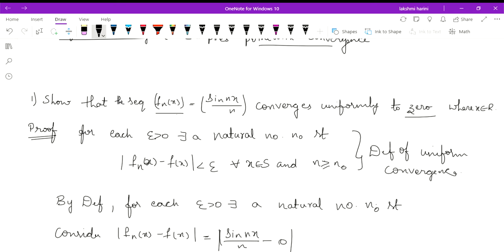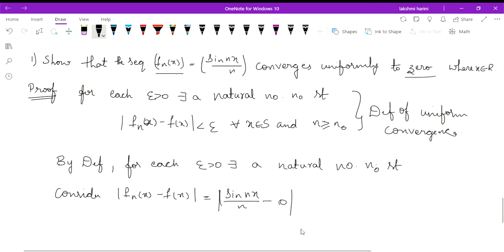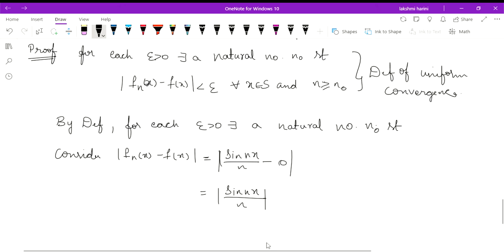Okay, so now this is equal to mod sin nx by n. So now if we apply mod separately, we get this is equal to mod sin nx by mod n.